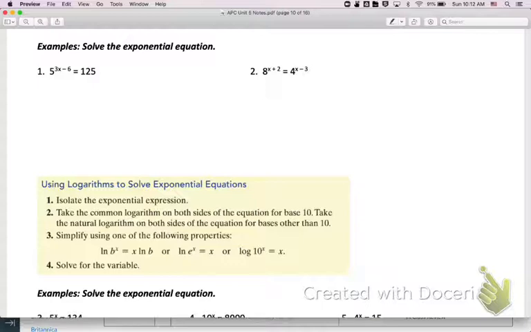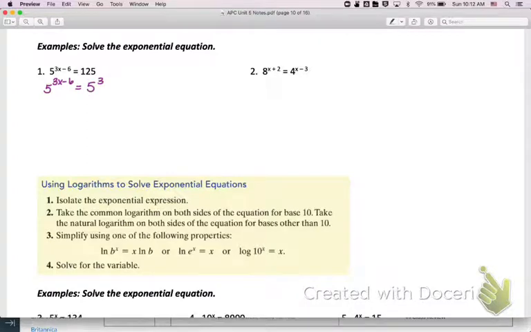So, for example, on number 1, it says 5 to the 3x minus 6 is equal to 125. Well, those are not the same base, but I know that 125 is 5 cubed. So I can rewrite this as 5 to the 3x minus 6 equals 5 to the third. Now we can apply our property.